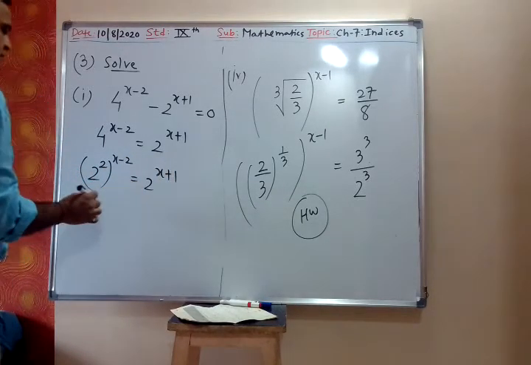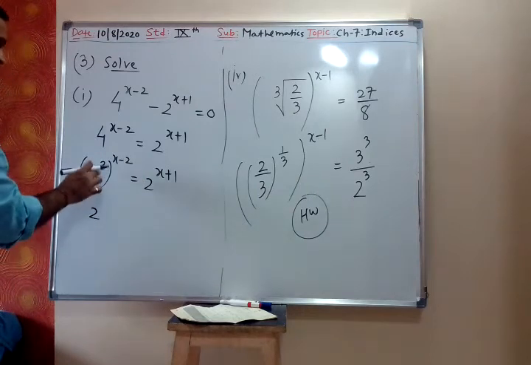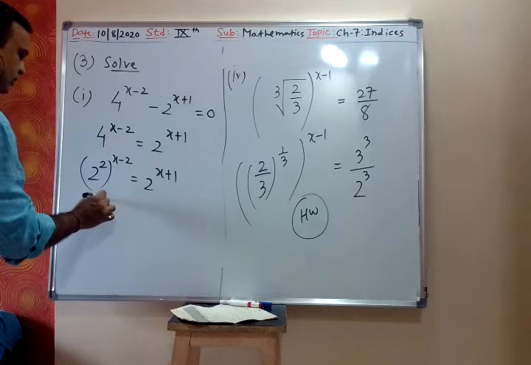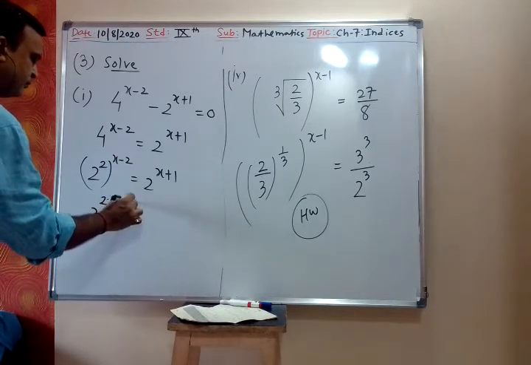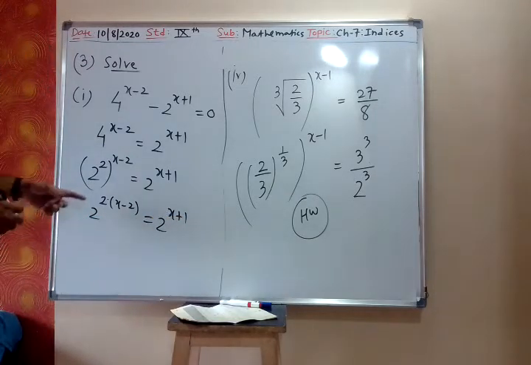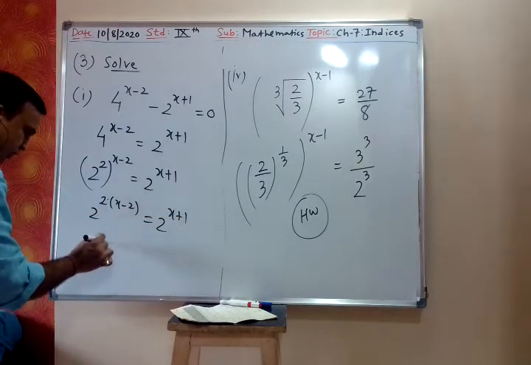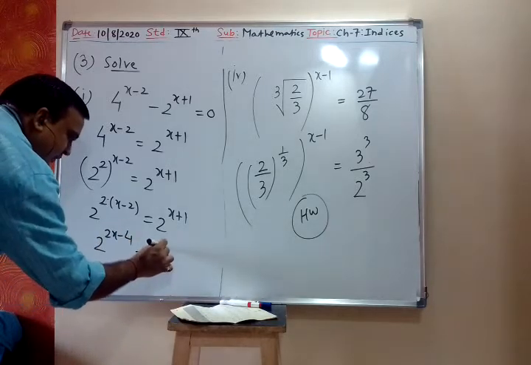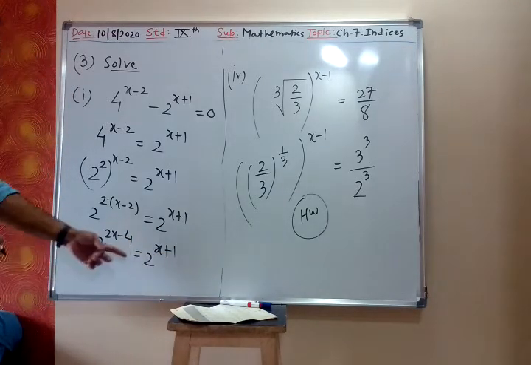So this is a power raised to a power, so multiply the powers. 2 into x minus 2 gives 2 raised to 2x minus 4, is equal to 2 raised to x plus 1. Now you compare the powers, the base is same.